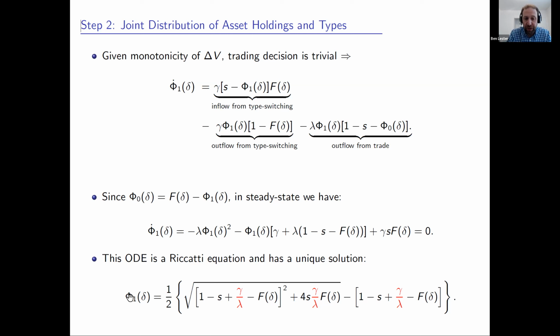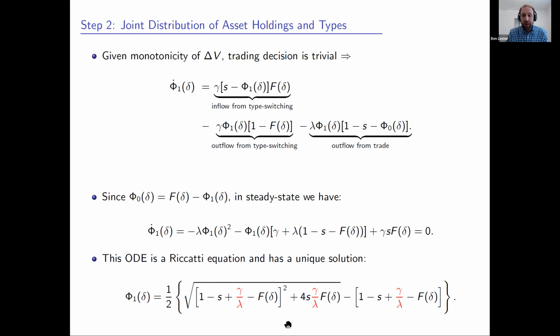That solution is written out right here, and the only thing I've highlighted in red is that the solution to this Riccati equation depends everywhere on the ratio of gamma, which is the arrival rate of preference shocks, to lambda, which is the arrival rate of trading opportunities. So what matters is not just how quickly you meet people, but how quickly you meet other people to trade relative to how often you yourself change types.